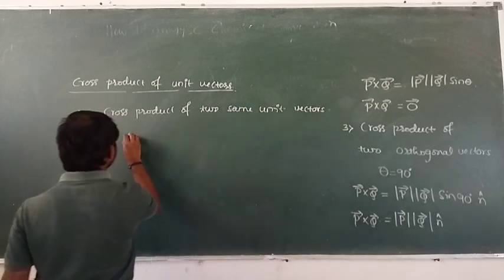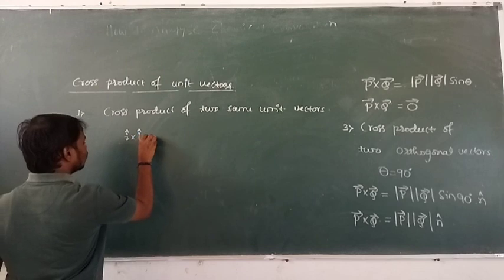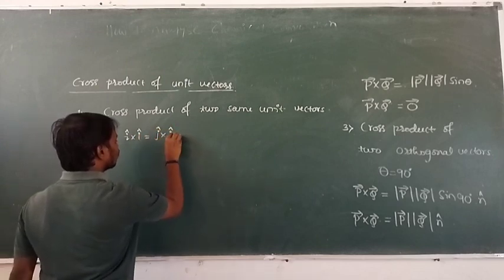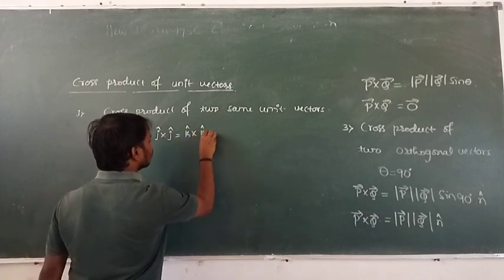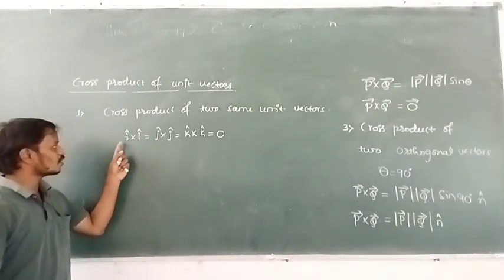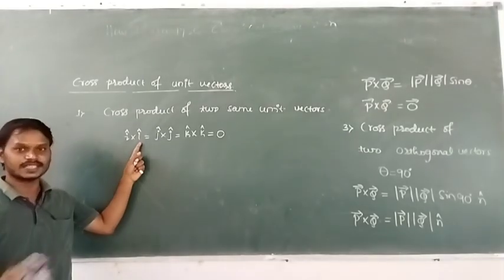That is I cross I. Then next J cross J. Next K cross K. That can be taken as 0. So why this can be taken as 0 here? I cross I means here it is the cross product of two same vectors.